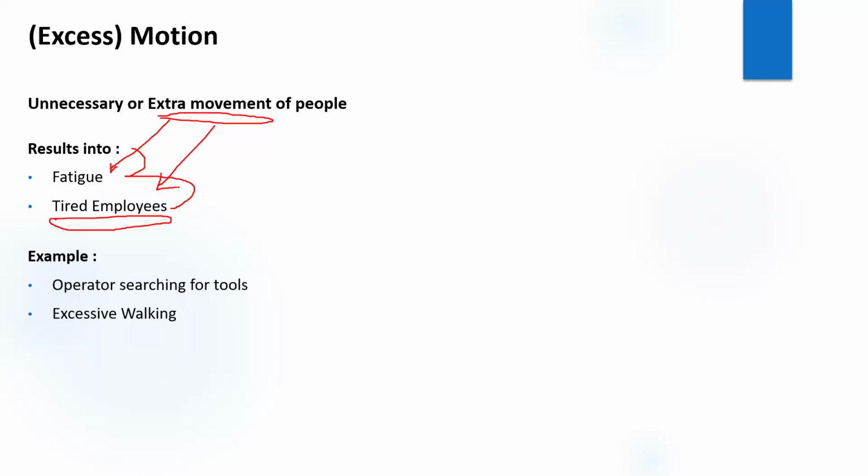Extra movement always results in fatigue, tiredness, and there are chances of accidents. Examples are an operator searching for tools here and there, excessive walking, 100 steps. I was walking a lot of steps in that hospital. These are all examples of excess motion.